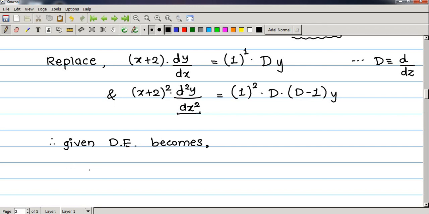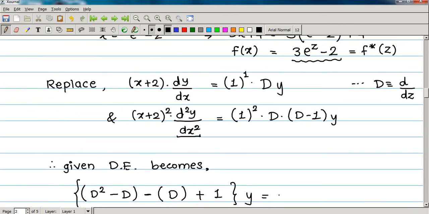for the first term, x plus 2 bracket square d2y by dx square will be replaced by D square minus D, then minus x plus 2 into dy by dx will be replaced by D, plus y equal to f star of z, and the f star of z that we calculated is 3 times e raised to z minus 2.